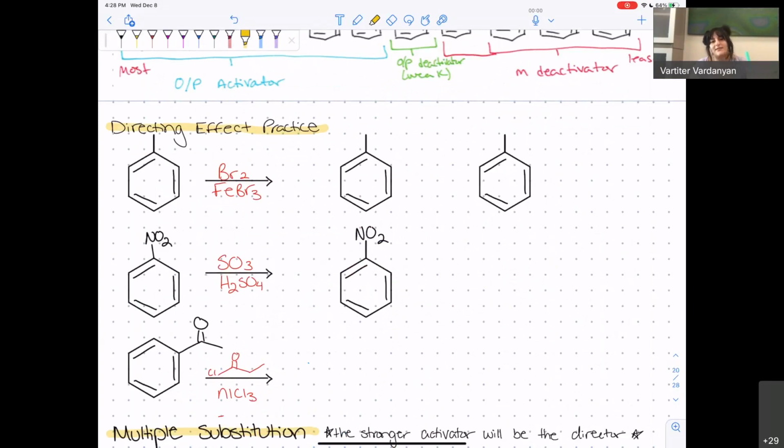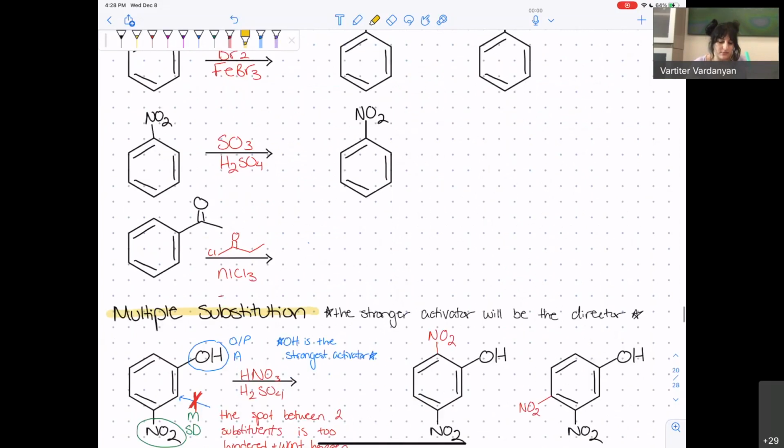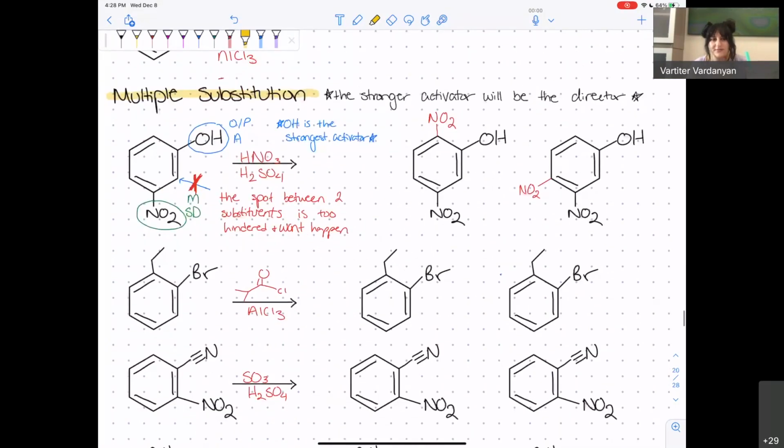This is where it gets interesting. So directing effects, this is where it gets interesting. So if you have multiple substituents already on the ring, you have to pick one of them to direct the substitution. And as it's written up there, the stronger activator will be the director.